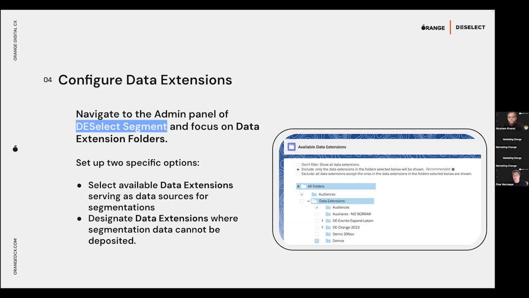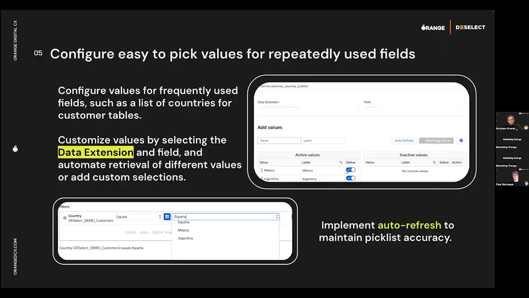Because if you don't use DESelect with SQL, you could access any data extension in the system. Whereas here with DESelect's Segment, you can control which data extensions the users doing the segmentation can access. So it's quite a valuable feature for pharmaceutical companies, for insurance companies, and for any company that might have some sensitive data within their org. That's it. Just wanted to highlight.